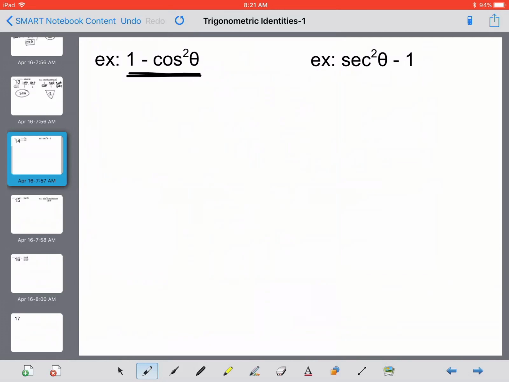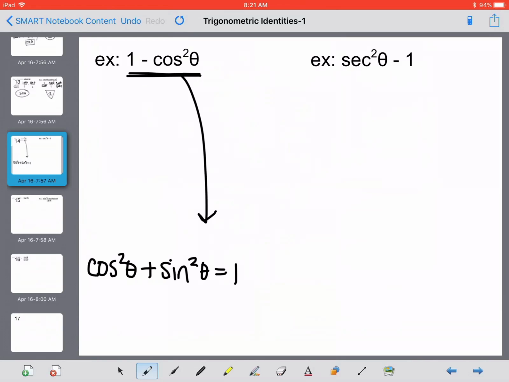Well, I know that Pythagorean identity we talked about was cosine squared theta plus sine squared theta equals 1. Okay, now if I can make this look like that, or the other way around, maybe if I can make this Pythagorean identity look like that, then I'd be able to find my answers here.